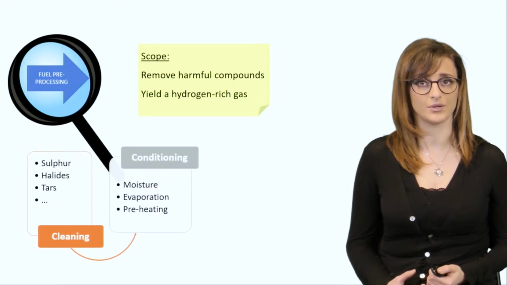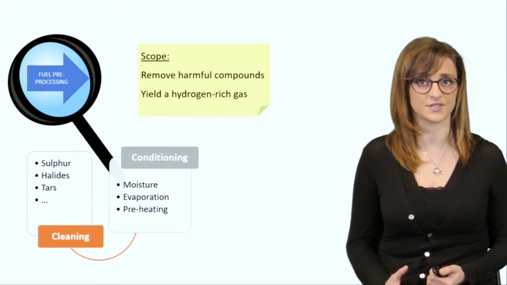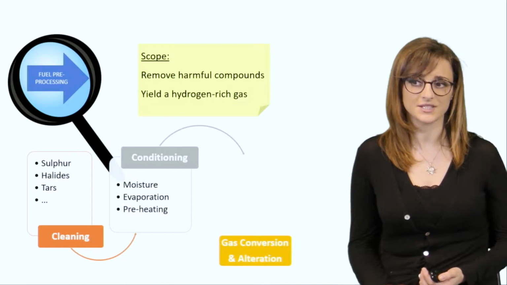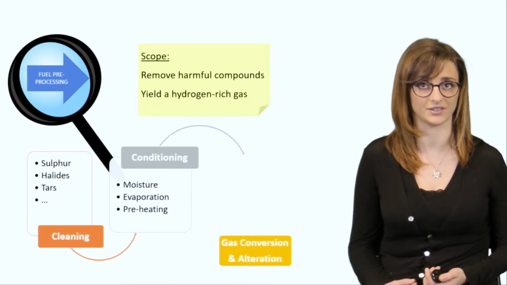Then we have gas conditioning. That is the operation needed to adjust the moisture content and the physical state of the gas. We may need to evaporate bioethanol, for example, and this would be an operation done within the gas conditioning stage. After that, we have a final operation, that is gas conversion and alteration.